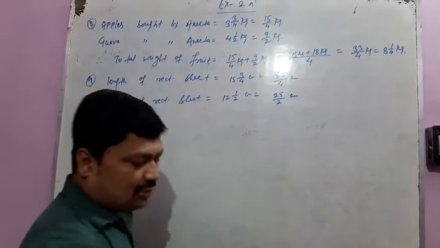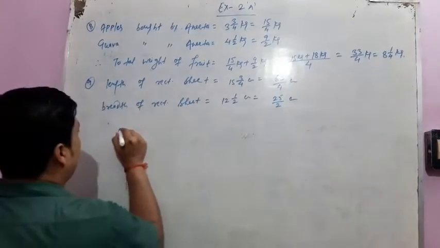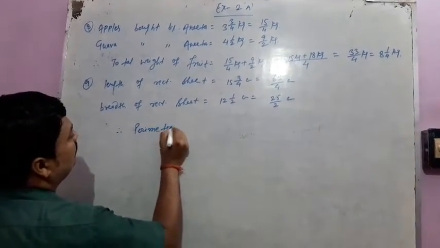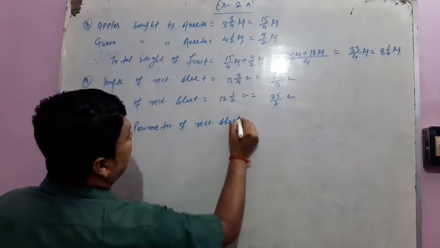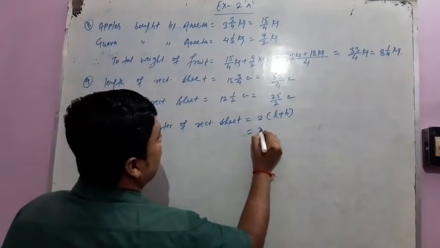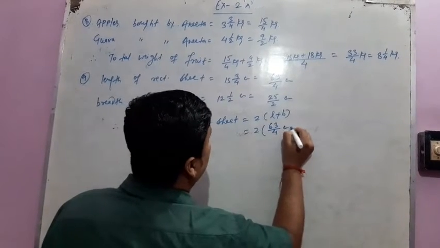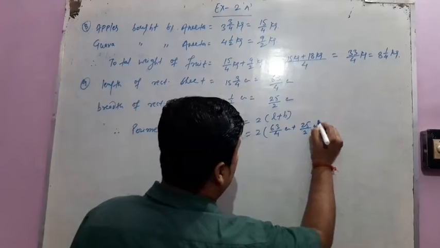Now in the question it has to be asked, find its perimeter. Therefore, perimeter of rectangular sheet, that is 2 into length plus breadth. 2, the length is here 63 by 4 centimeter and the breadth is here 25 by 2 centimeter.